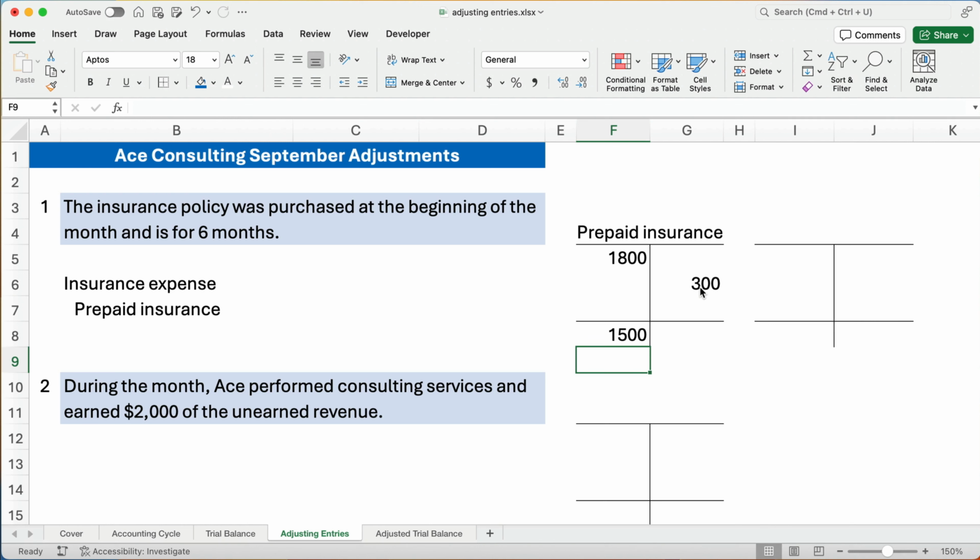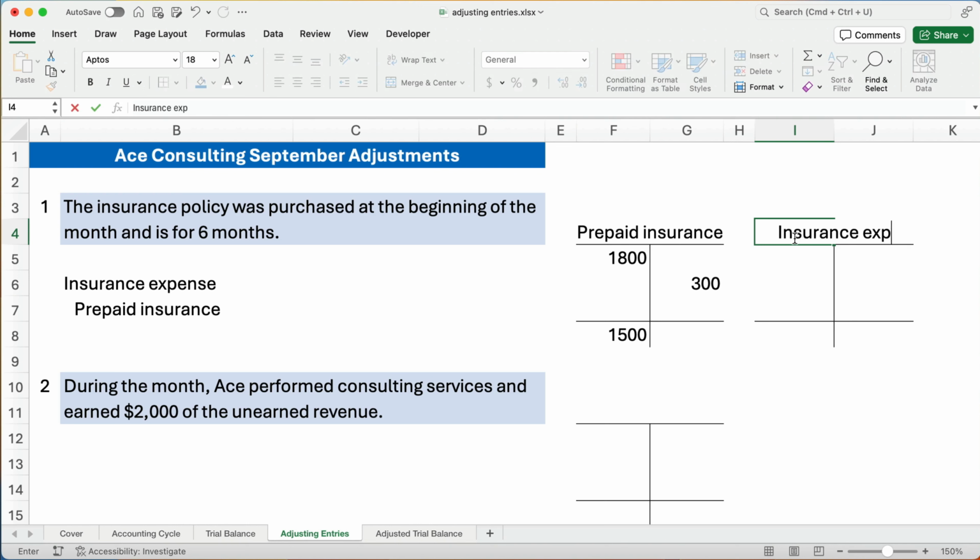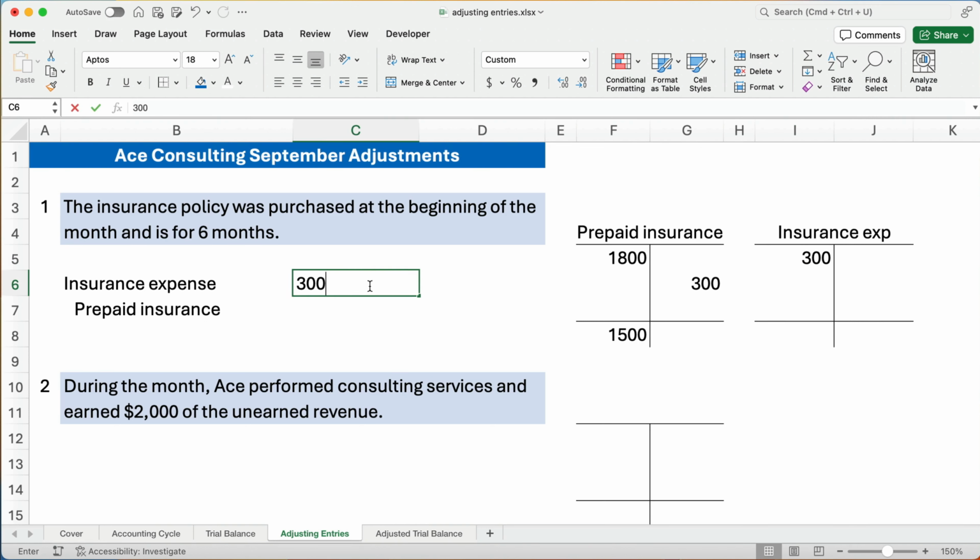And we have a new account, insurance expense, which is just going to be the $300. So we're going to debit insurance expense $300 and credit prepaid insurance for $300. This recognizes that we have insurance expense and we have a smaller asset than we did before.